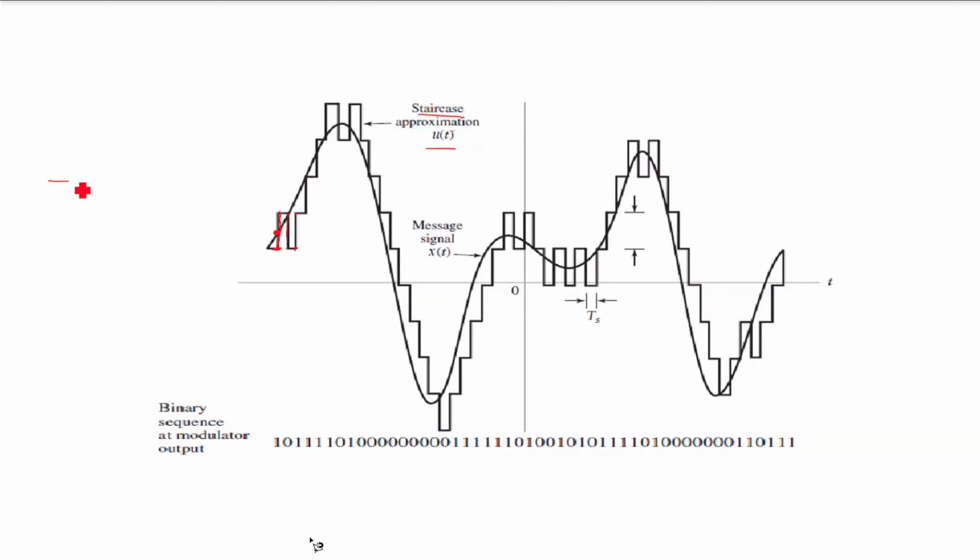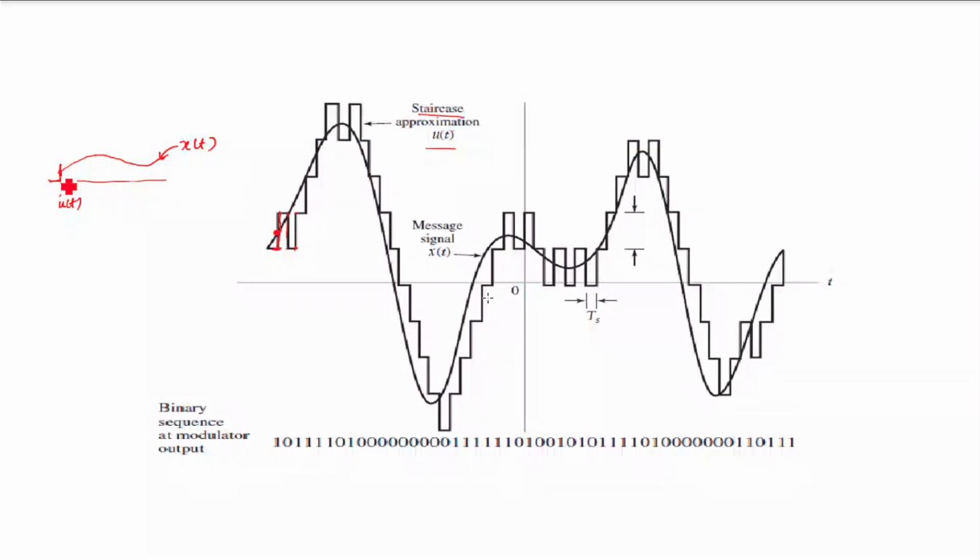Suppose I take the signal as an example. Say here I have this signal, and my approximation is somewhere here. This is the sampling interval. At this sampling interval I find the difference is positive. This is the signal x of t, and this is the approximation u of t. At the adder, the difference between the signal and its approximation is positive, so the step size will be increased by delta.